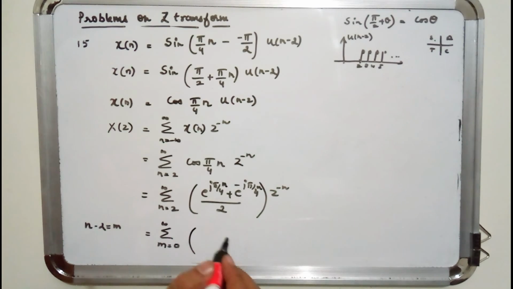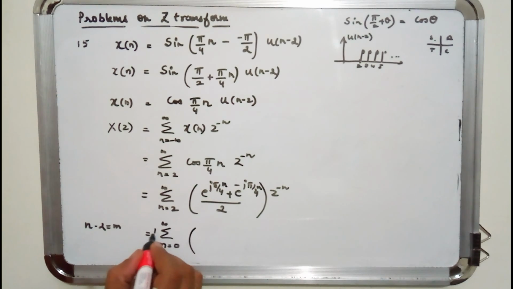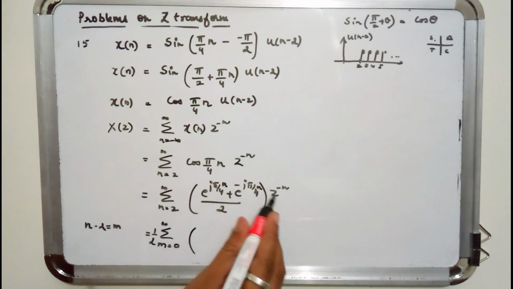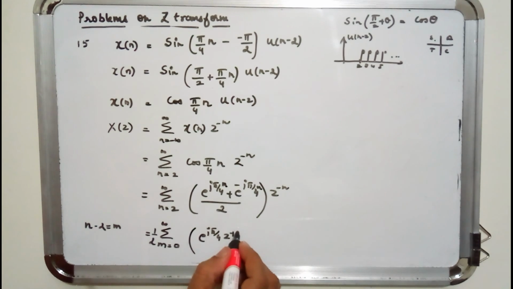Here I'll take 1/2 out. Here I am combining these, so it will be (e^(j pi/4) z inverse) power n.